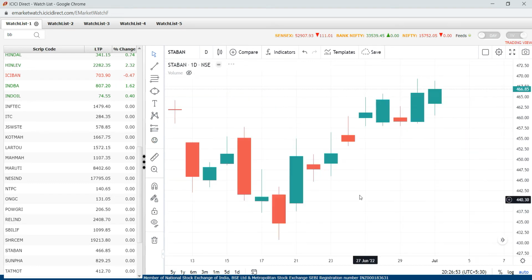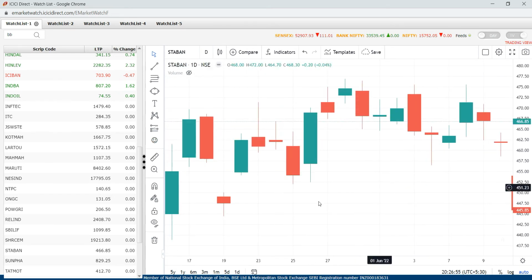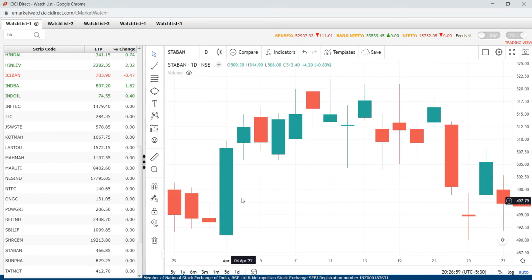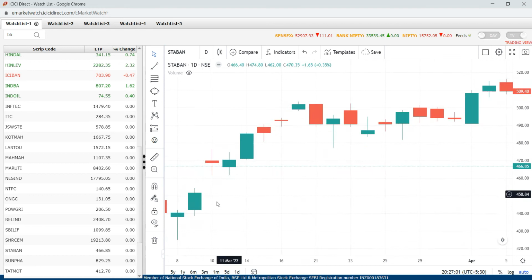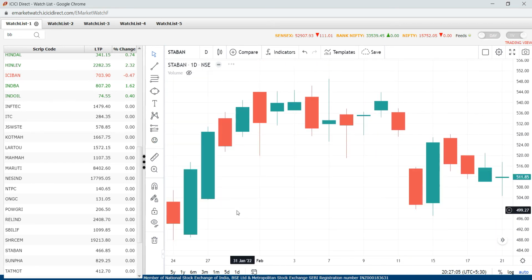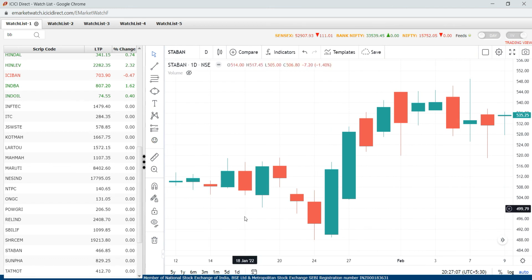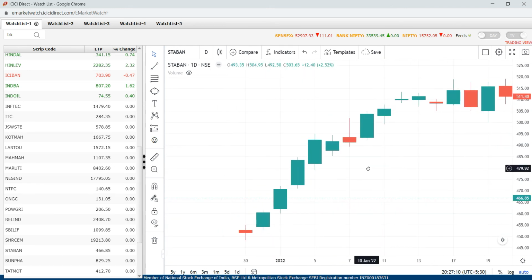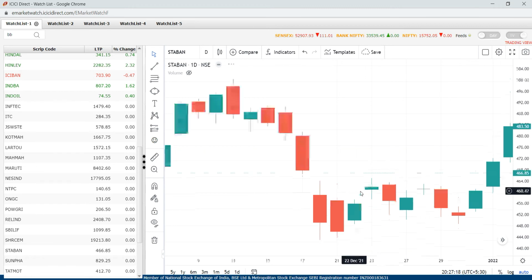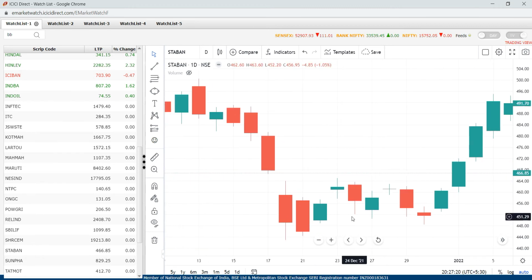I'll just change the time frame to see where the morning star is formed. Okay, you can see this was a downtrend.